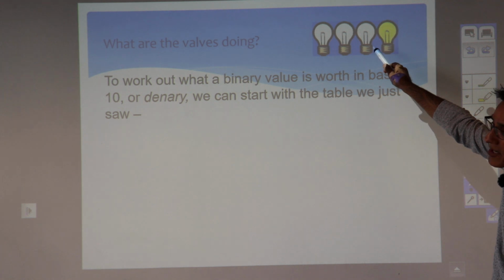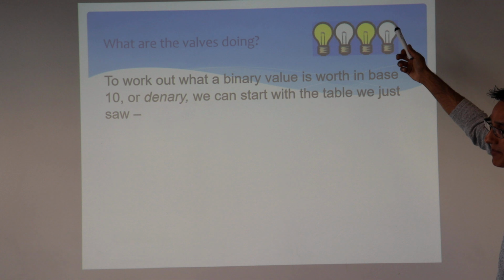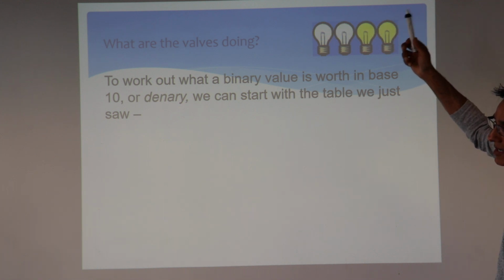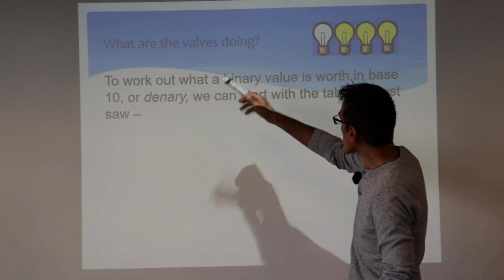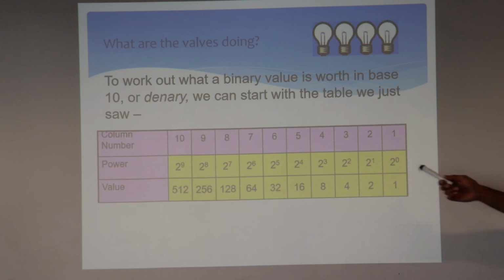What are the switches doing? It's basically counting. You've got a count happening. It's counting 1, 2, 3, 4, and so on. You can work that out. So to work out a binary value in base 10, we can start with this table.